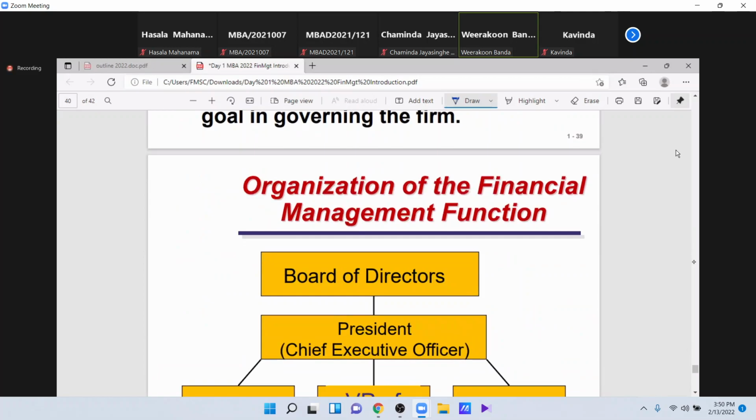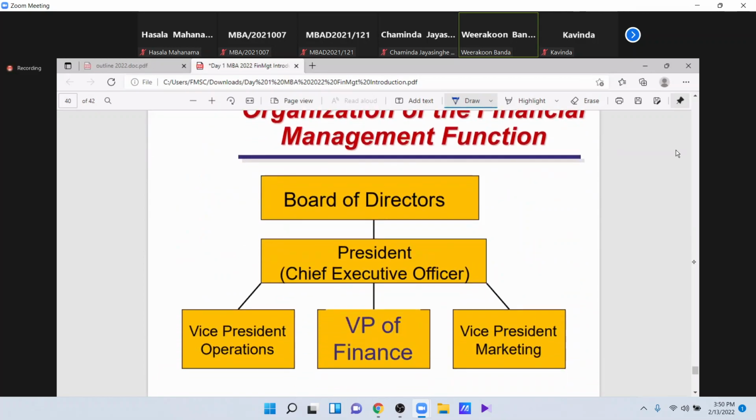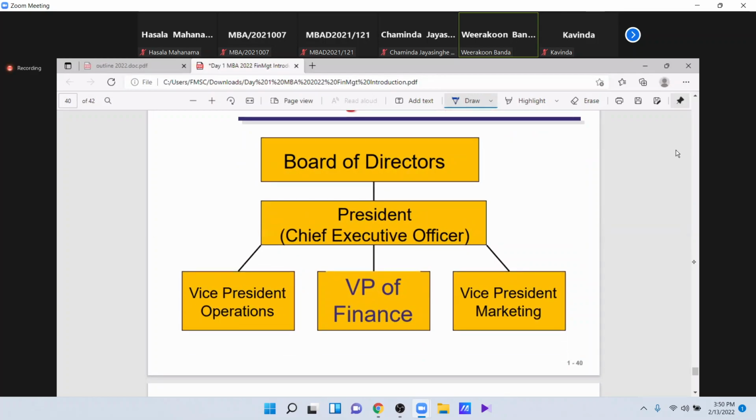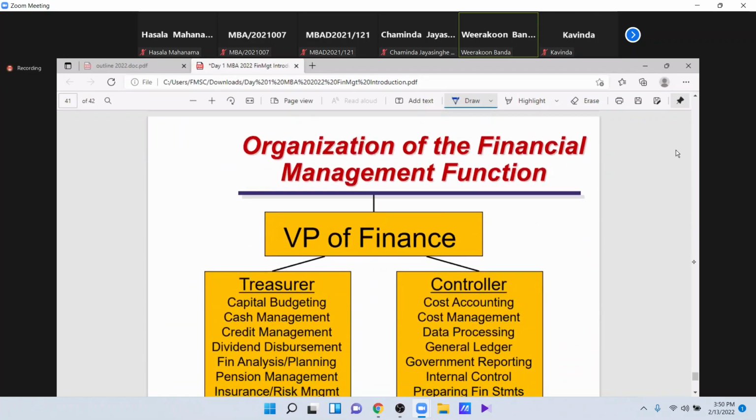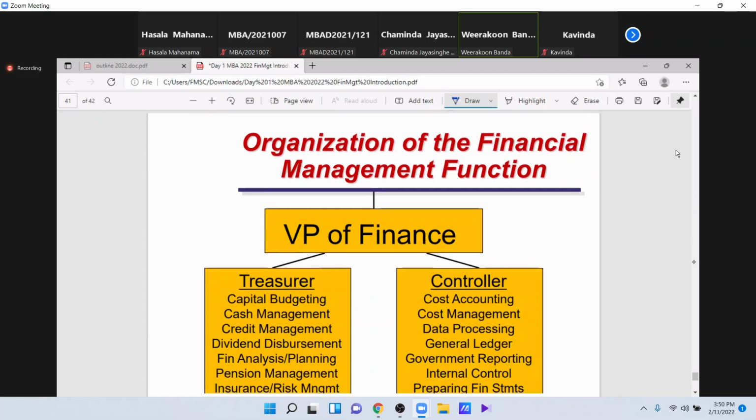Then organization of the financial management functions. One typical organization may have these functions: board of directors, president, vice president operations, vice president of finance, vice president marketing. In addition, there can be vice president production, and so on. Under the vice president of finance, there are two officers, treasurer and controller.